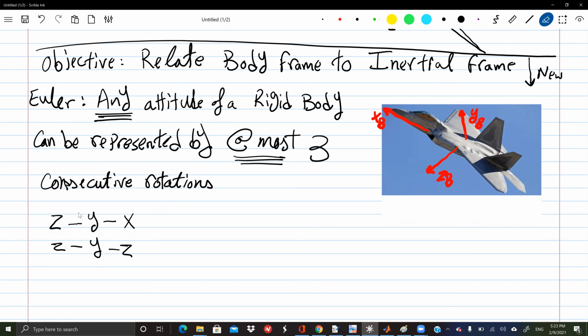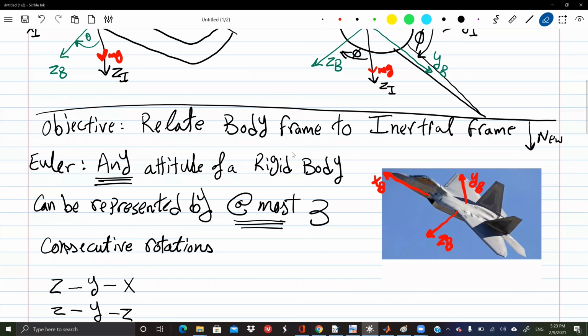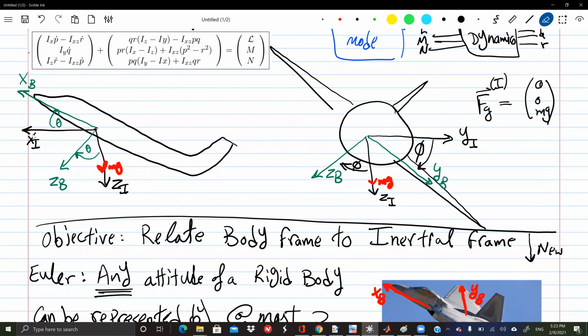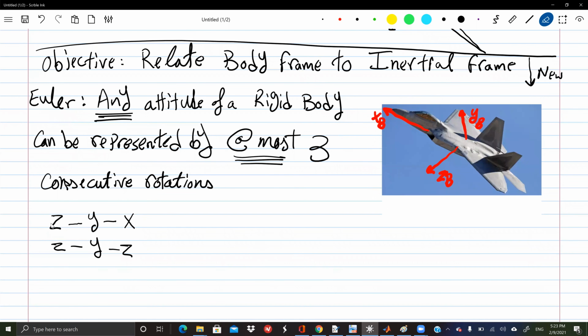So let me tell you the following. Assume I have XYZ inertial. X is forward, Y is to the right, and Z inertial is straight downward. And I made a rotation about this Z inertial by 30 degrees. So I arrived at new XY because the new Z is the same as the old Z. I just rotated about it, so it remains fixed.